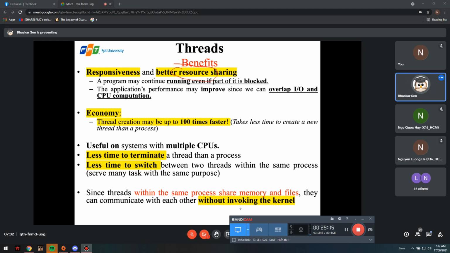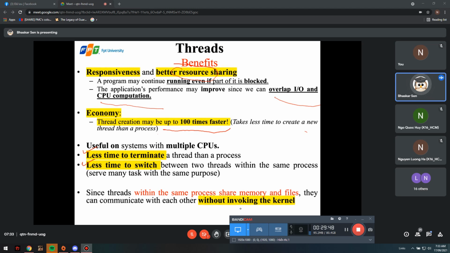We talked about it. And number two, overlap I/O and CPU computation. Threads are about 100 times faster: less time to create a new thread than a process. In fact, less time to terminate and less time to switch.